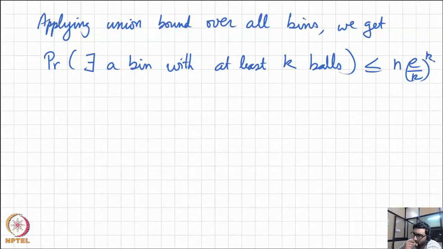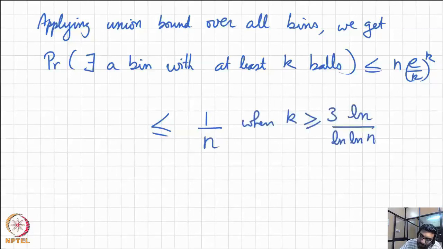And from here, it's a simple exercise, and I encourage you to work it out. It's a simple exercise to show that this quantity is at most 1 over n when k is at least 3 ln n over ln ln n.